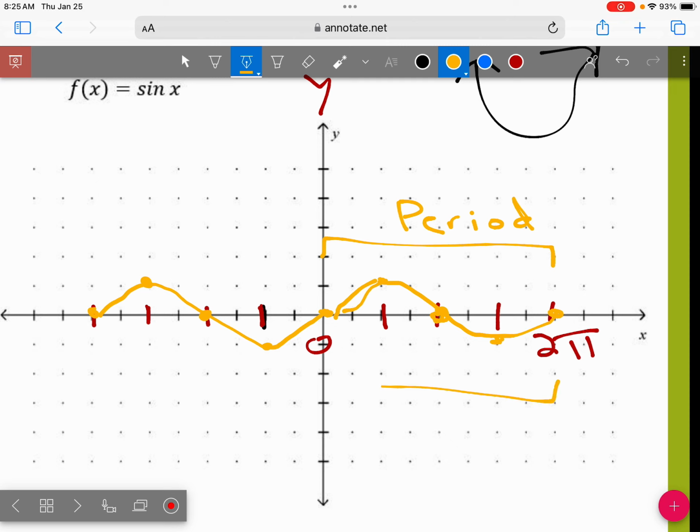And that's what we did here. That was 1 period, that was 2 periods. When we're looking at the graphical representations, a period for sine is when it goes up, comes back down, goes all the way down, and then comes back up. That's one way you can identify from a graph a full period of sine or cosine. When it's done everything, it's gone up, it's gone down, and it's come back.